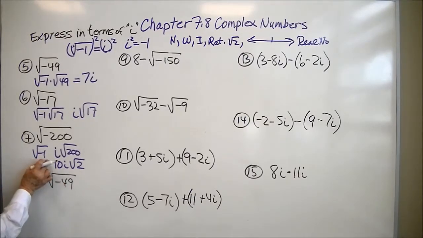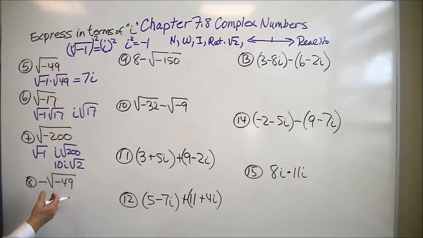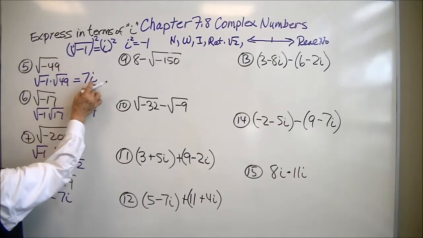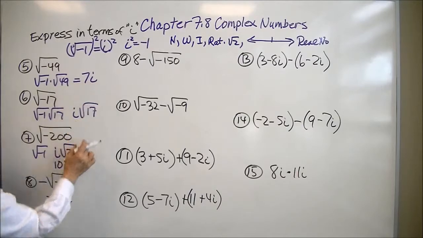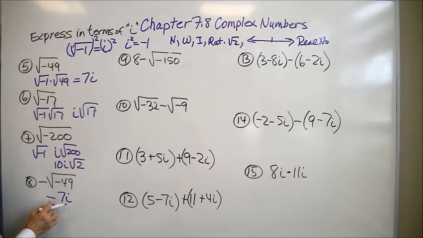Now the i is the square root of negative 1 that we write as i. Now here we have a negative, and it's going to be similar to what we have up here. So this is going to be negative 7i because of the negative outside. Inside here, this comes out as 7i. Now we apply that negative 7i.